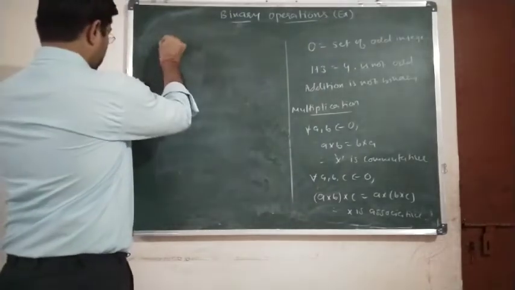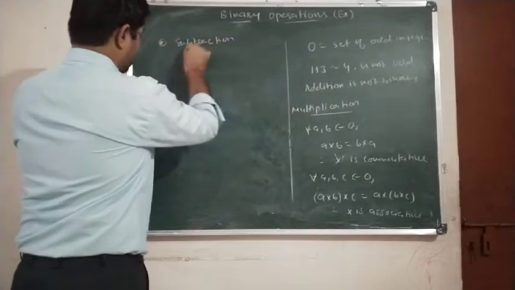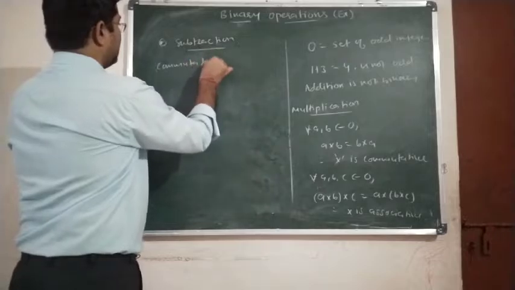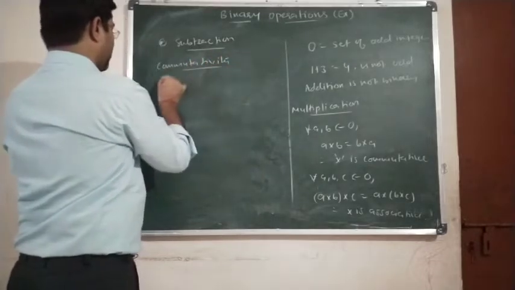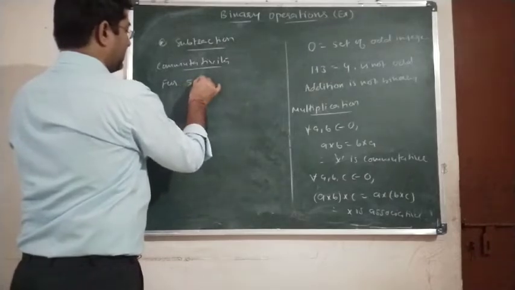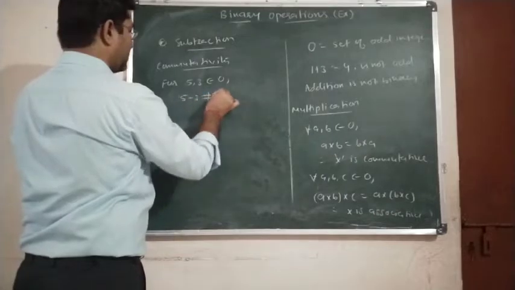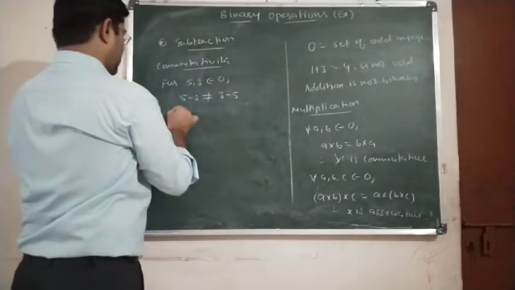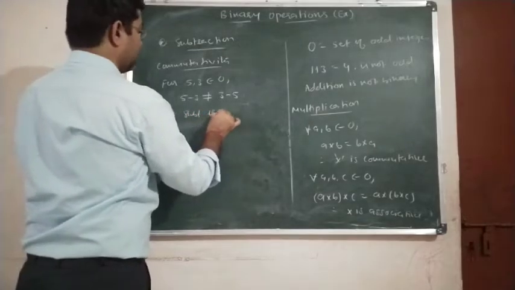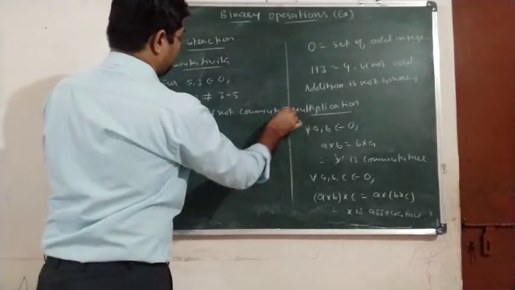For subtraction we will discuss commutativity first. Obviously, for 5 and 3 belonging to O, 5 minus 3 is not equal to 3 minus 5, and therefore subtraction is not commutative.